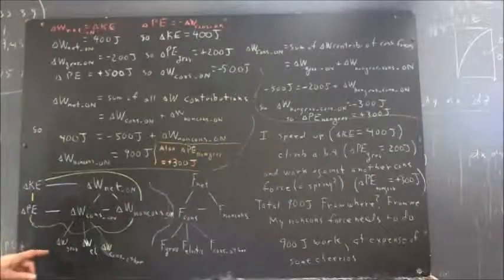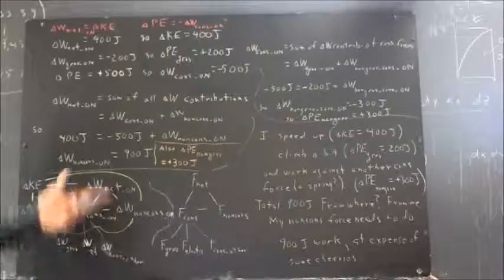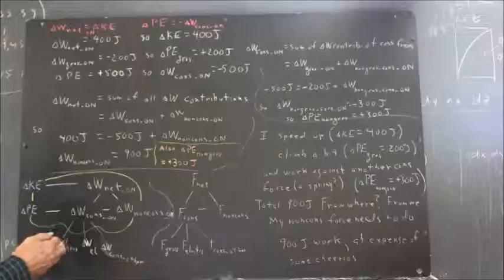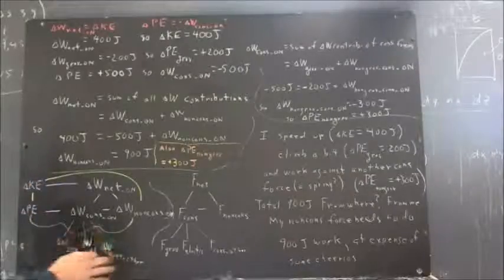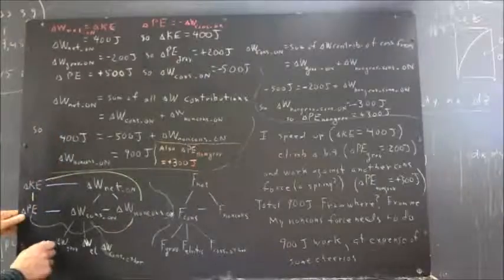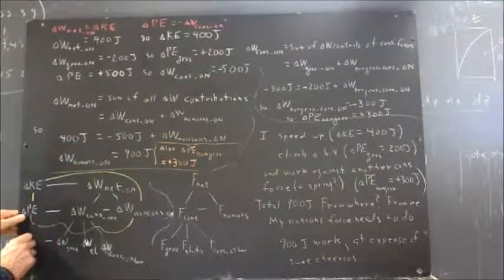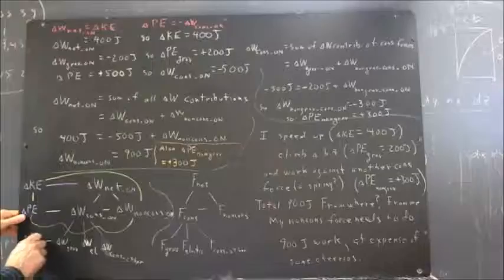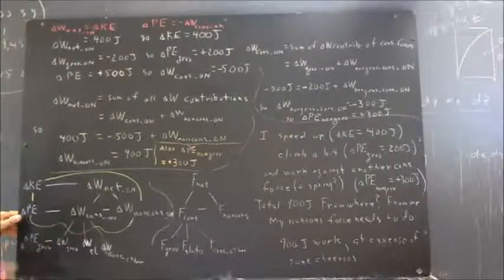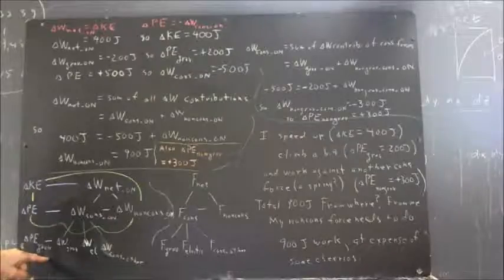Now, since gravitational, elastic, and other conservative forces do work that's equal and opposite to the change in potential energy due to those forces, we could say, okay, well, this delta W grav and change in potential energy by the gravitational force.